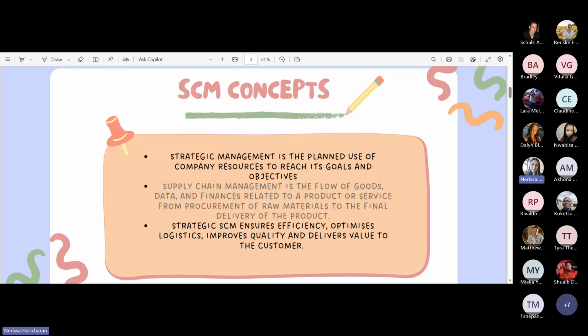Then we have what is supply chain management. And I think a lot of us are here for the supply chain perspective of it. And this is absolutely basic. It's how do you move your goods, any sort of data integrity or any finances related to a specific product from a beginning stage of raw materials, that's when you buy your raw materials, right down to when a customer or a consumer takes the final delivery of the product.